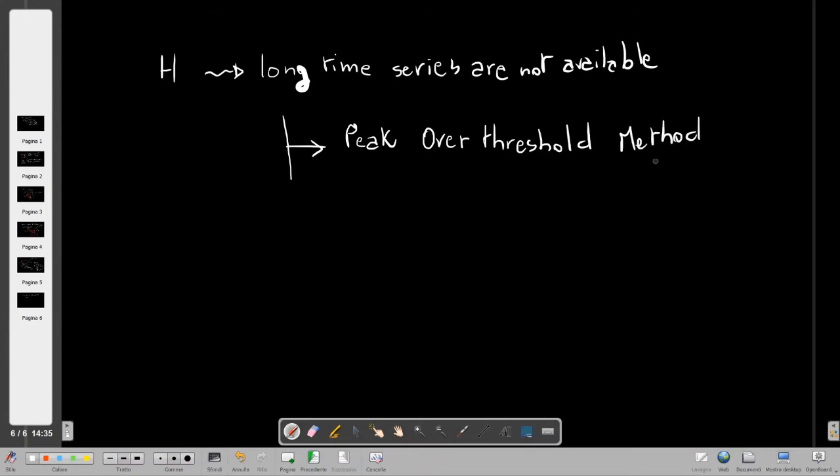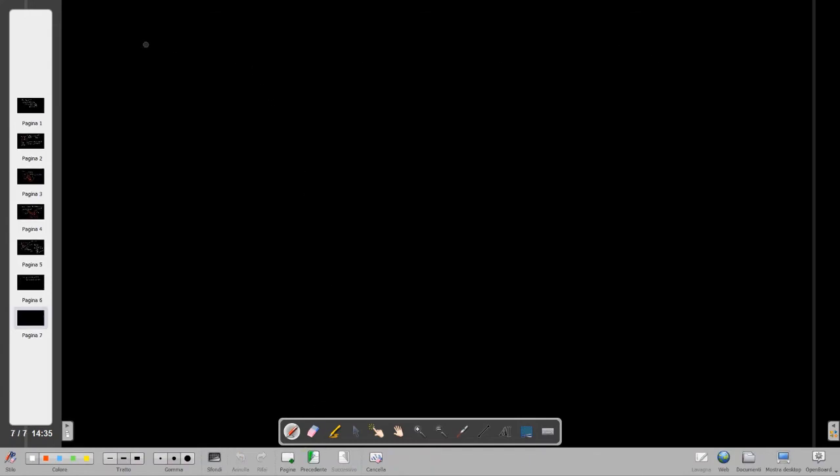So when the wave height exceeds a given threshold. So we need to start, first of all, by talking about rainfall.